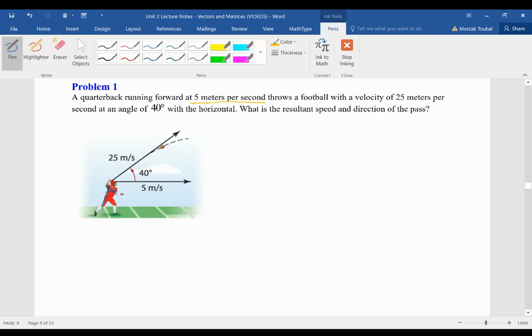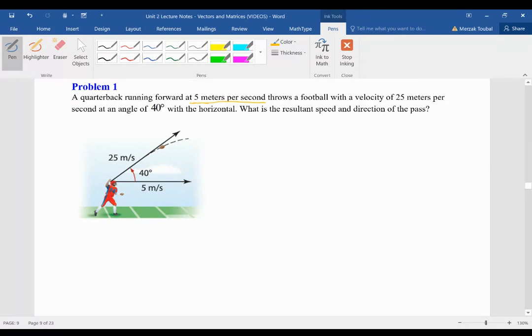So he is running at a velocity of 5 meters per second, and then while he's running, he throws a ball at the velocity of 25 meters per second. So it means the ball has a velocity, and the person also has a velocity of 5 meters per second. So what is the angle of the ball with the horizontal line?